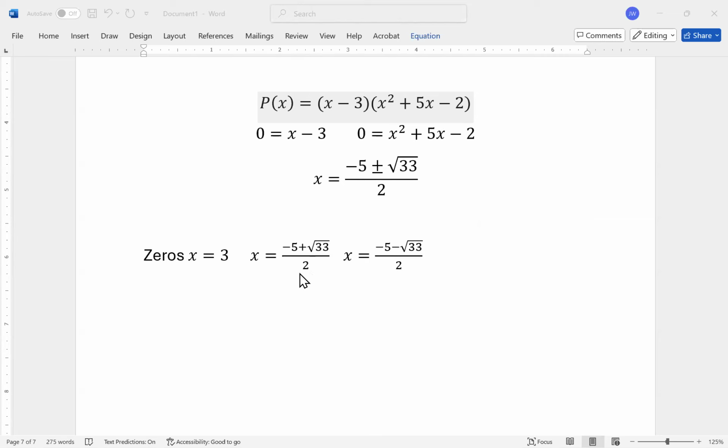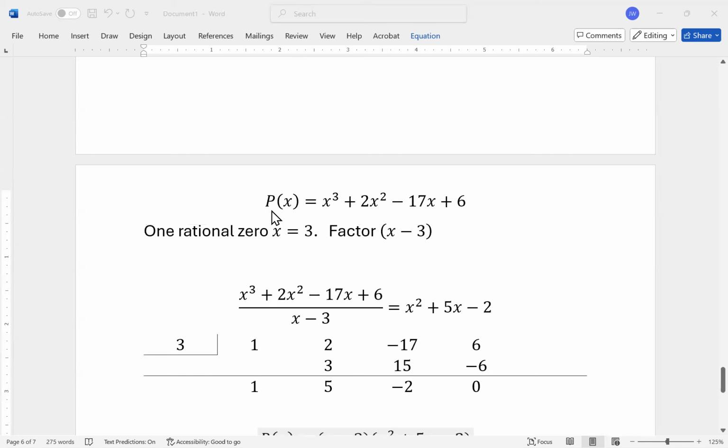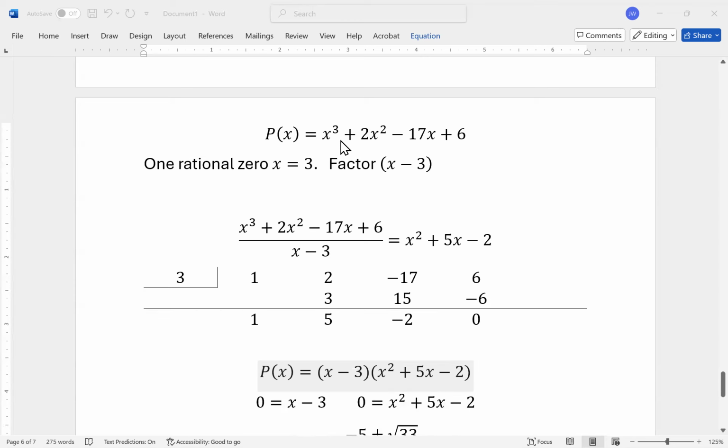Interestingly enough, we had a rational zero, and then the two irrational came out in conjugate pairs, and that was because our polynomial function started with rational coefficients, in particular, integer coefficients.